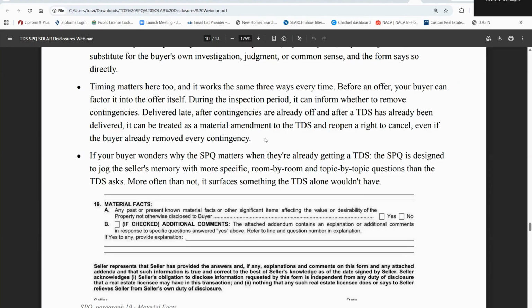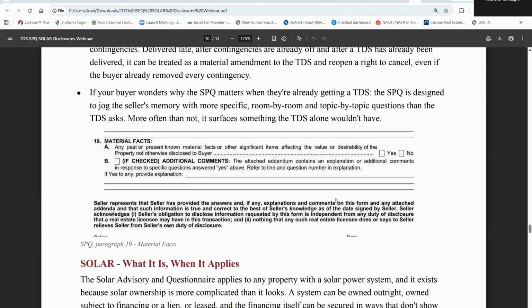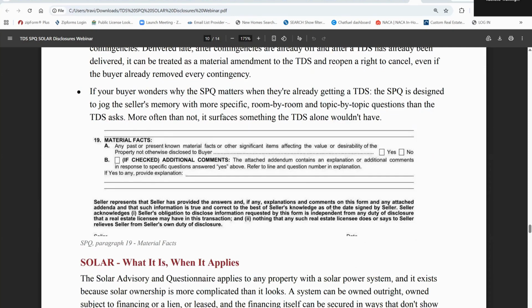If your buyer wonders why the SPQ matters, and they're already getting a TDS, the SPQ is designed to jog the seller's memory with more specific room by room, topic by topic questions. More often than not, it surfaces something the TDS alone wouldn't have. And I think we're up to 6 pages on that thing now, so it covers a lot of aspects of the home.